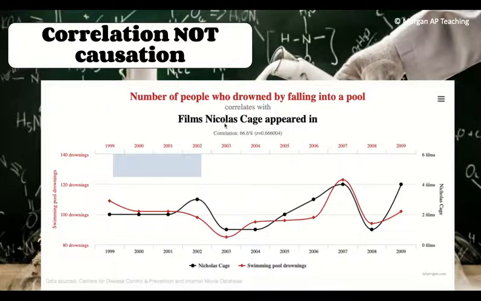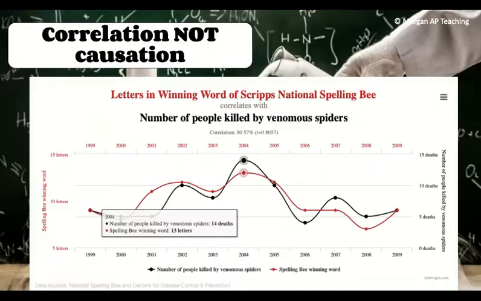No. Or every movie that Nicolas Cage is in, someone decides to die in a pool? It doesn't work that way. This correlation coefficient is 0.66. That's pretty strong, so they correlate pretty well. They don't cause each other. They have nothing to do with each other, but we can still say they're correlated.